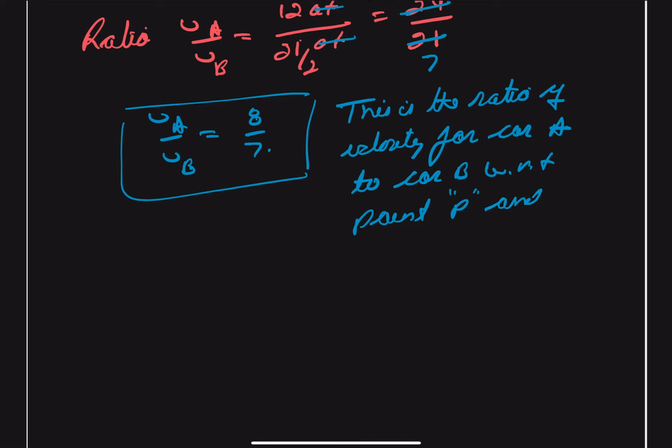Anyway, it's a ratio, so it doesn't matter which points we are taking, because the velocities will always remain in the ratio 8:7. But anyways, this completes the question. Thank you.